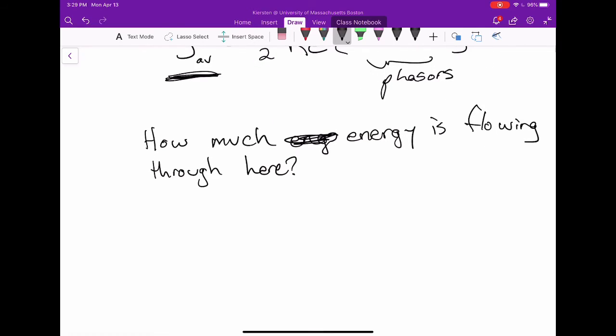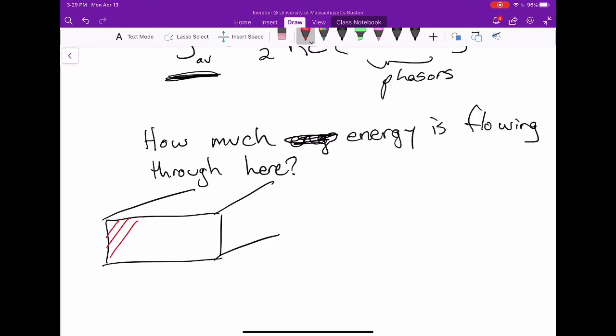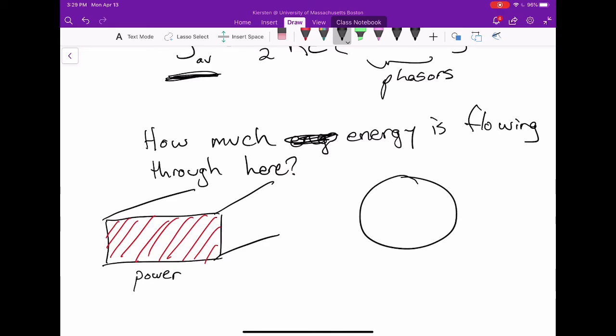If you have a waveguide, you can do a flux integral across the cross-sectional area of the waveguide to find out how much power is flowing down that waveguide. If you have a transmission line, you can do a flux integral across the cross-sectional area of that transmission line to figure out how much power is flowing down that transmission line.